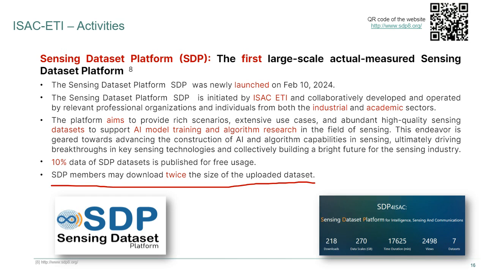So right now we have 7 datasets, and the size is more than 270 gigabytes. You can check the website to see if you are interested in downloading or uploading data.